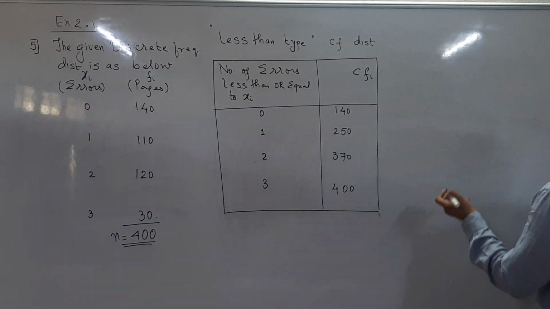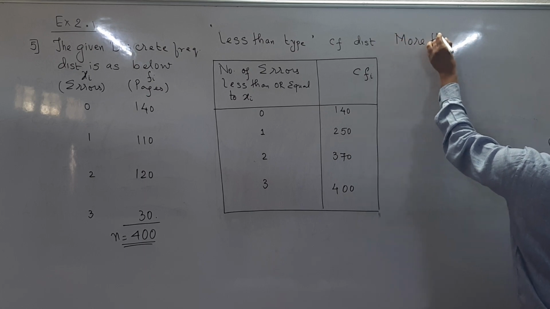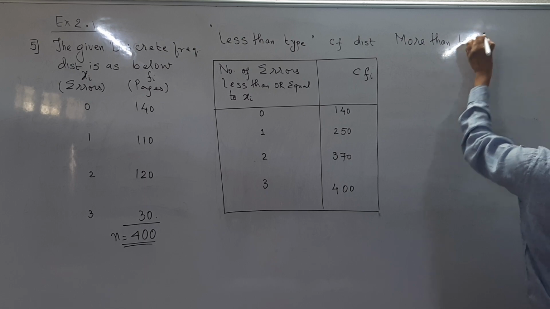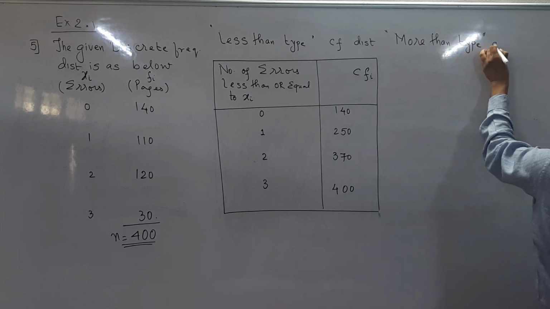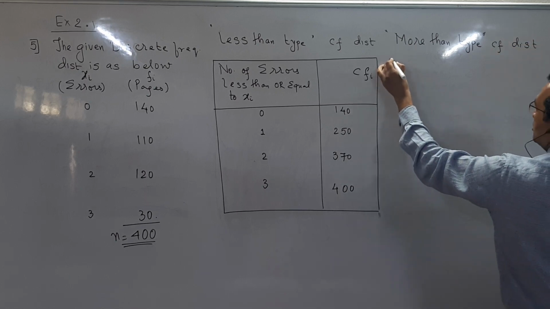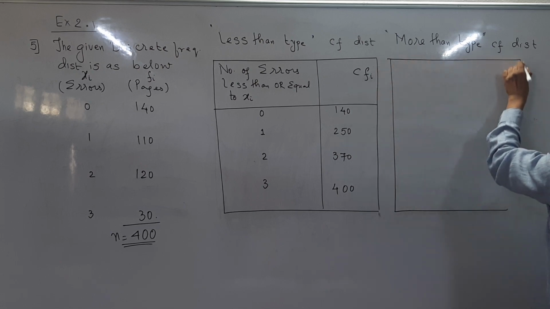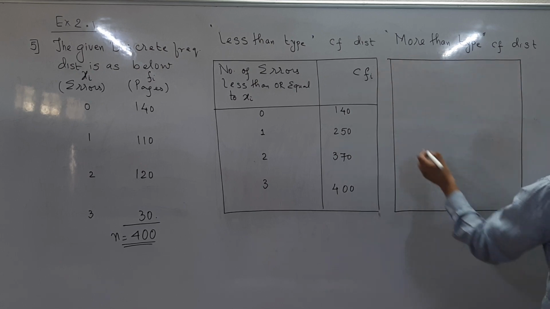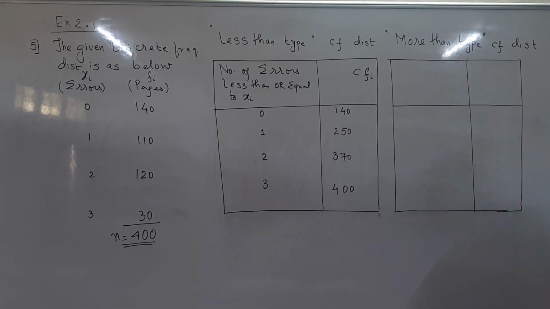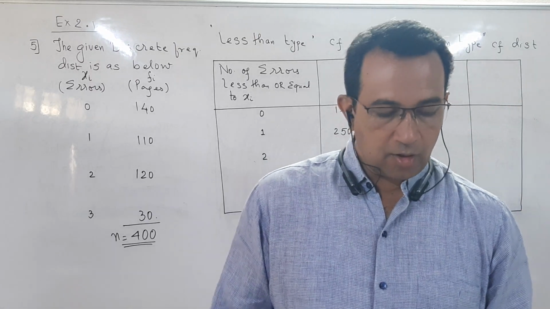Now students, we are preparing more than type cumulative frequency distribution. Here also we have to make only 2 columns. And the first column we have to write number of errors.